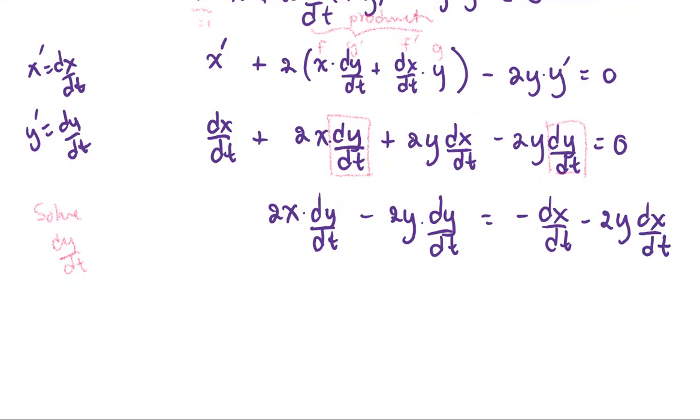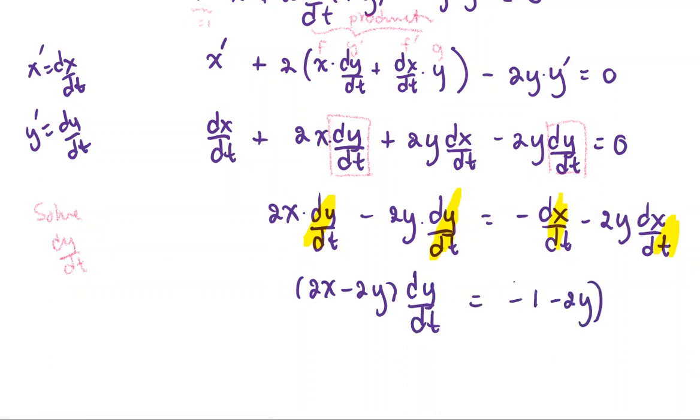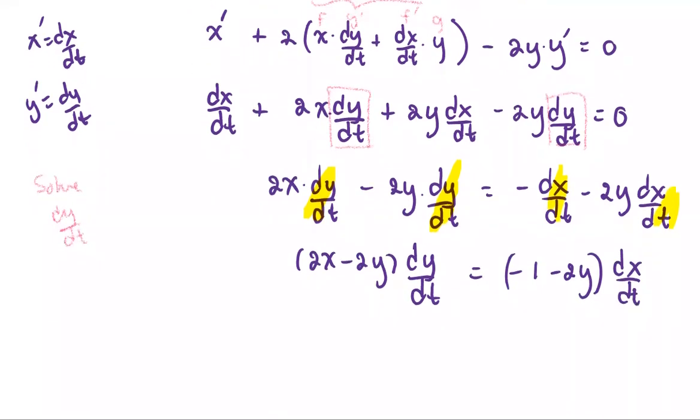As you see, you have a common factor here and also a common factor for the other group. So we're going to regroup them to be 2x minus 2y multiplied by dy by dt equals negative 1 minus 2y quantity. Both of them share the same common factor dx dt. Since we are going to solve for dy by dt, I'm going to divide both sides by 2x minus 2y.